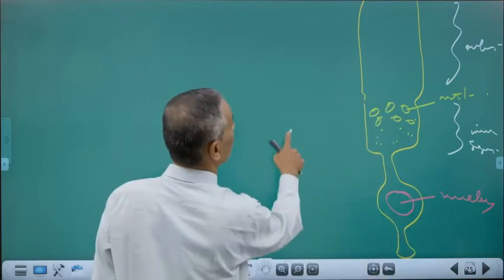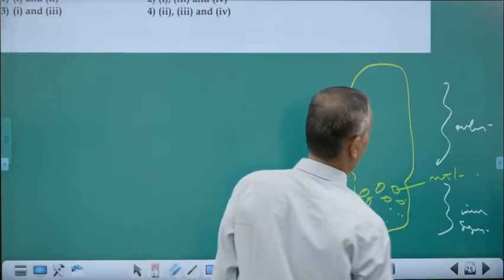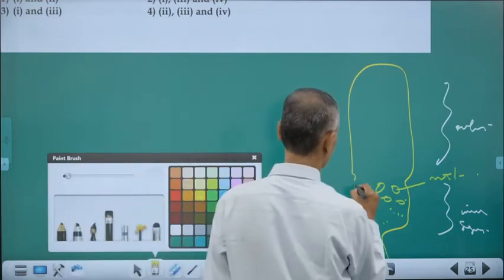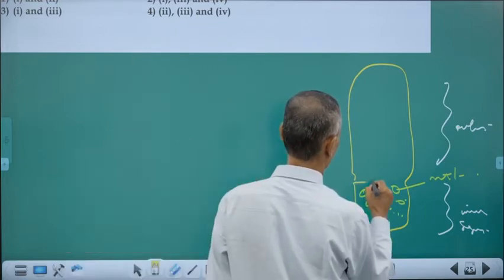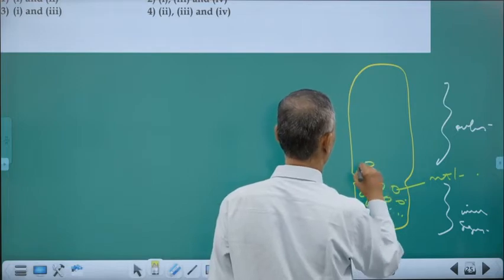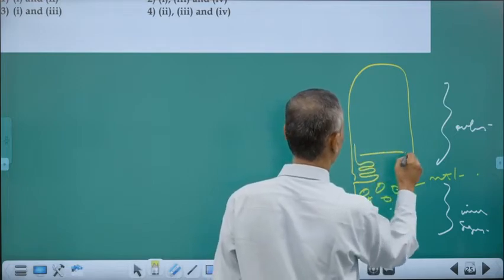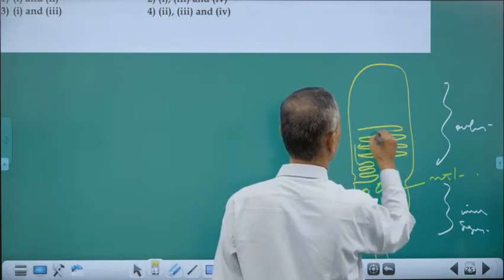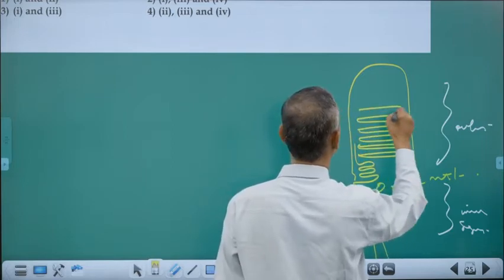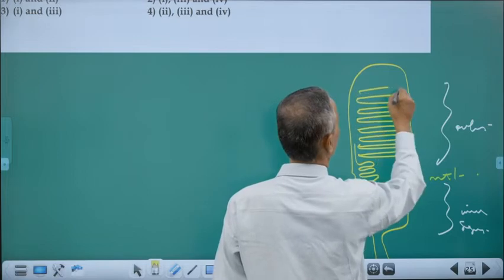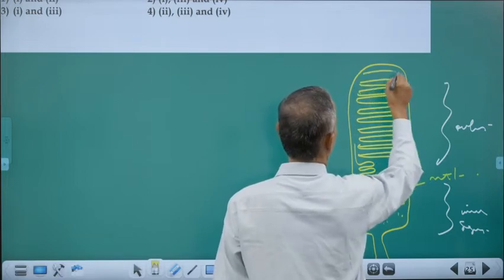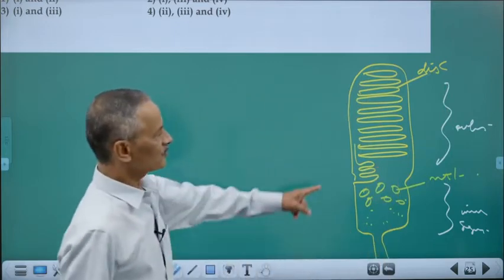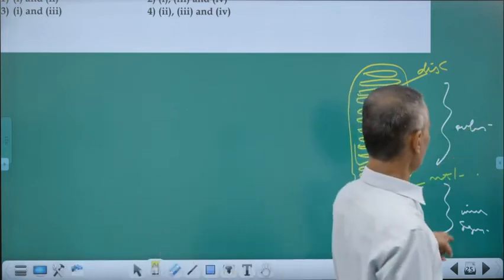And in the outer segment, you will be having a number of discs. These are called discs. Discs are present in the outer segment.